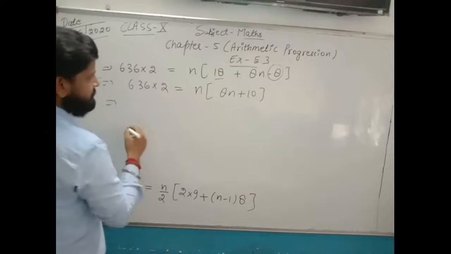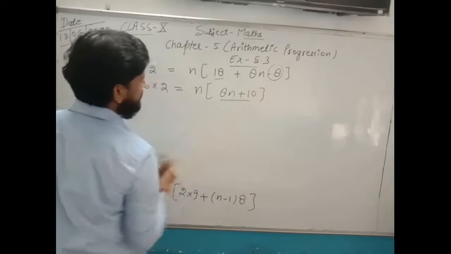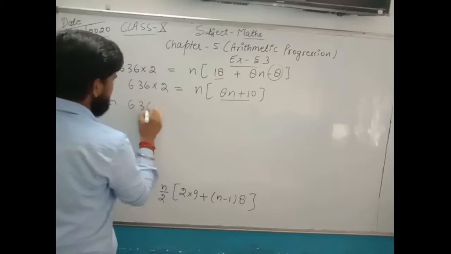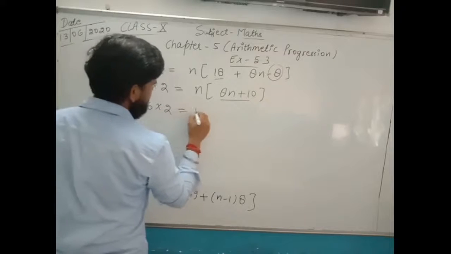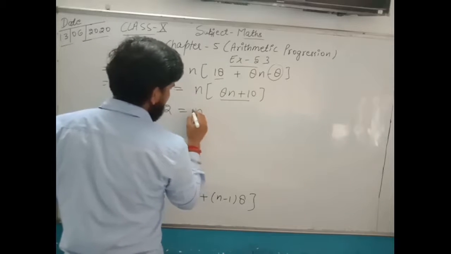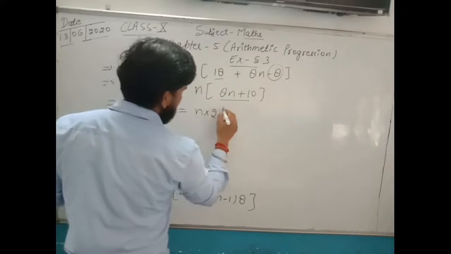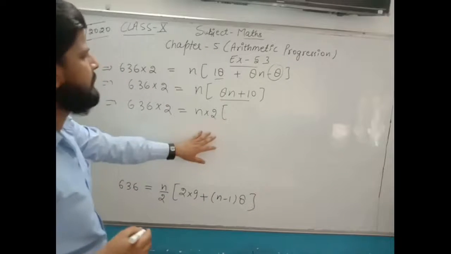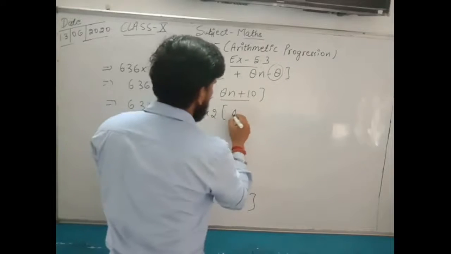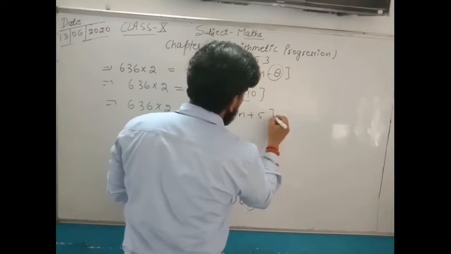Here we can take 2 common. So 636 multiply by 2 equals n, and taking 2 common, n multiply by 2, or we can write 2 multiply by n also, so 4n plus 5 is remaining.